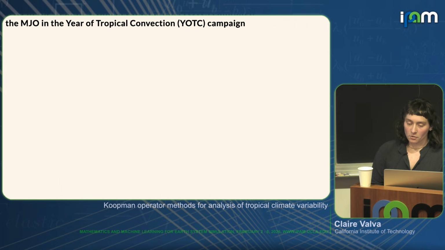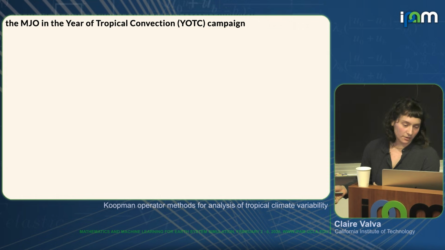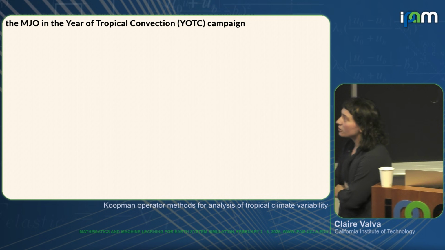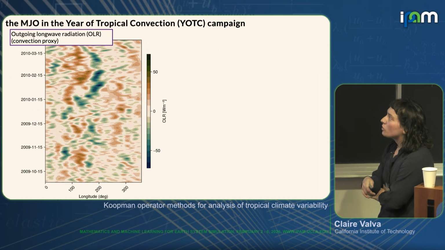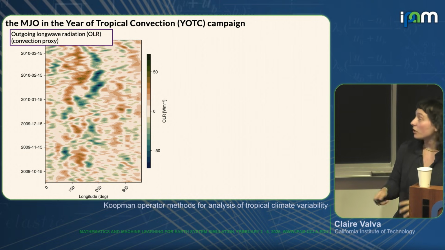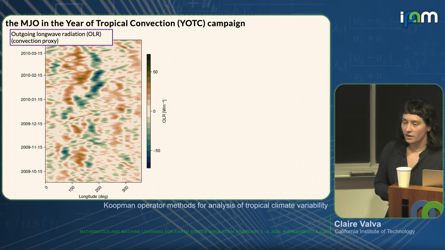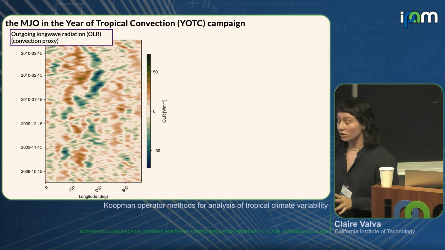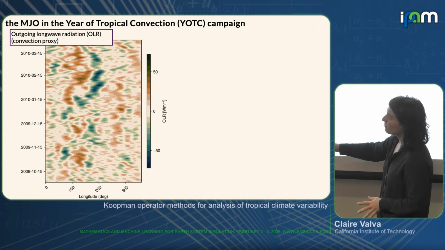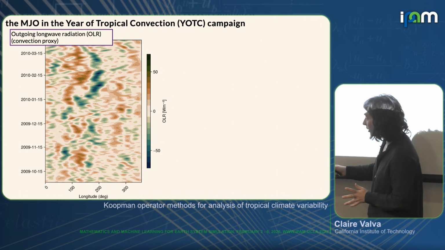So I'm going to show what we're working with, and the variables that we're going to use to detect the MJO in a particular year. This is the year of the tropical convection campaign. I've chosen this because it's fairly well studied, and it has fairly well defined MJO events in the literature. In this plot, I have outgoing longwave radiation, which is a proxy for convection.